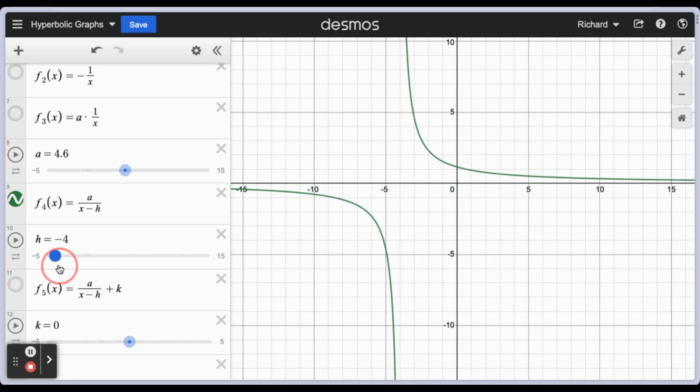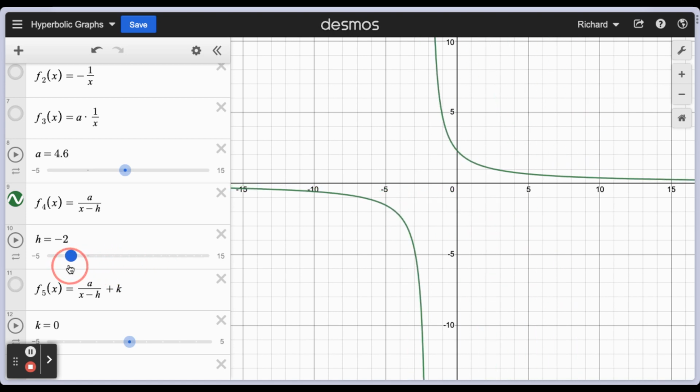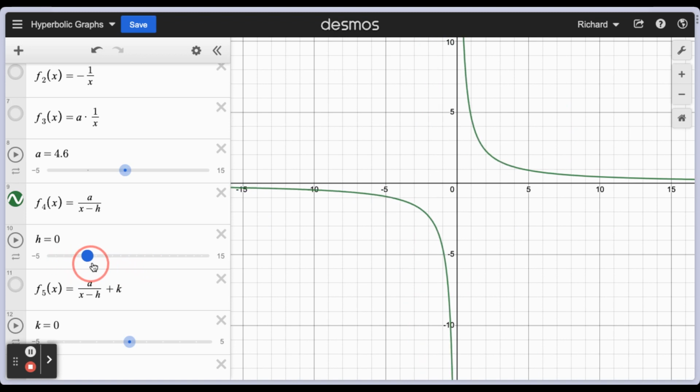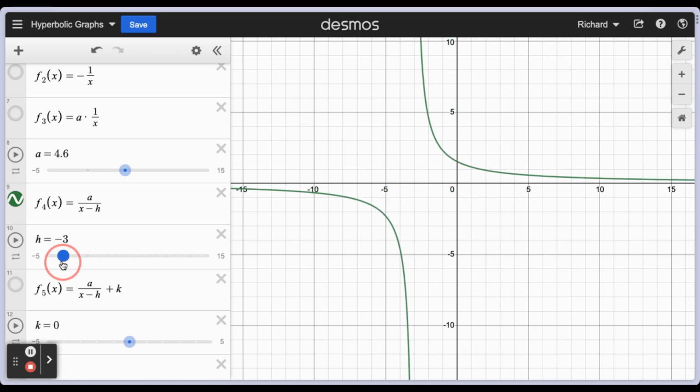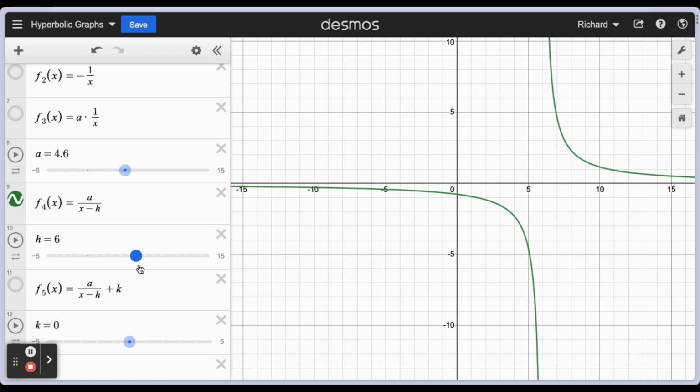Which one's changing? The vertical asymptote, the horizontal asymptote, or both? Yeah, the vertical one's changing. So the value of H affects the vertical asymptote.